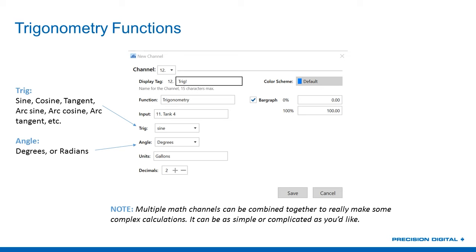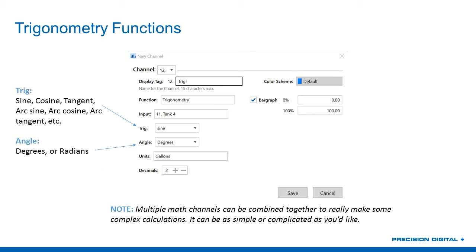And so we added these trig functions. You can take whatever your input is and multiply that times the sine of whatever degrees you want, or the cosine of whichever degrees you want. And we can also choose between degrees or radians. That might not mean anything to anybody here. It's just a different form of measurement, kind of.